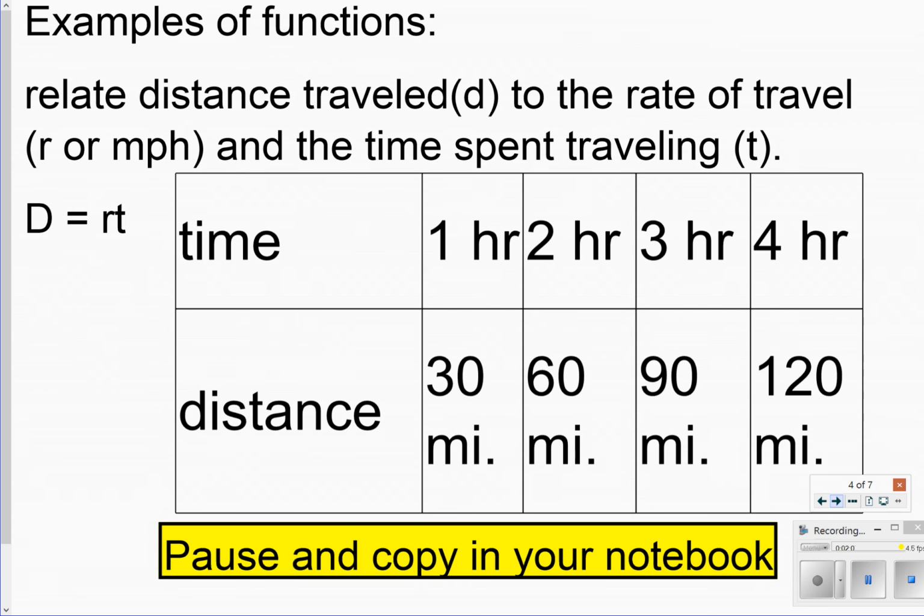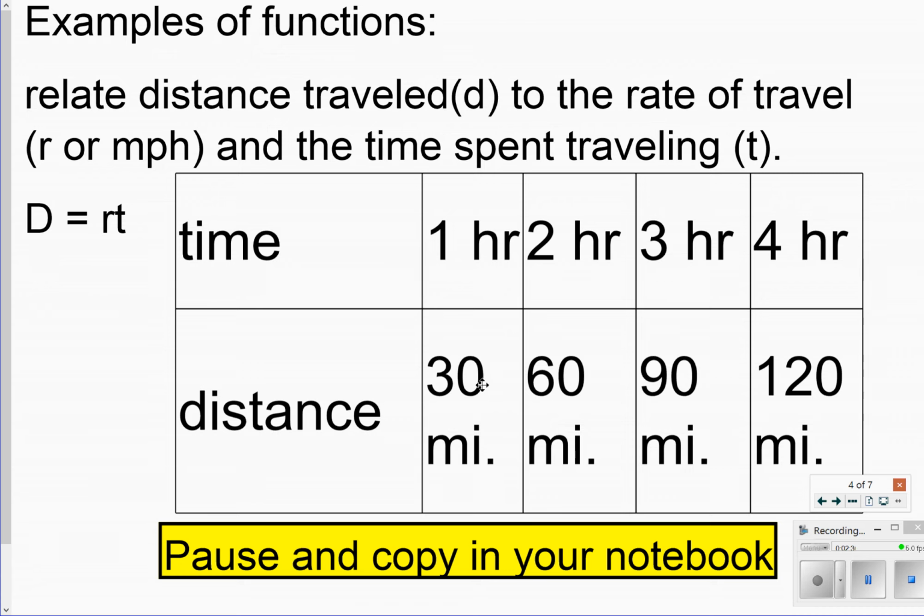Let's look at this example. This is a table that compares distance to rate and time. So we're going to relate distance traveled, d, to the rate of travel, which we're more used to calling miles per hour, and the time that we spent traveling. So we're doing distance and time, for instance. In 1 hour, we can travel 30 miles.